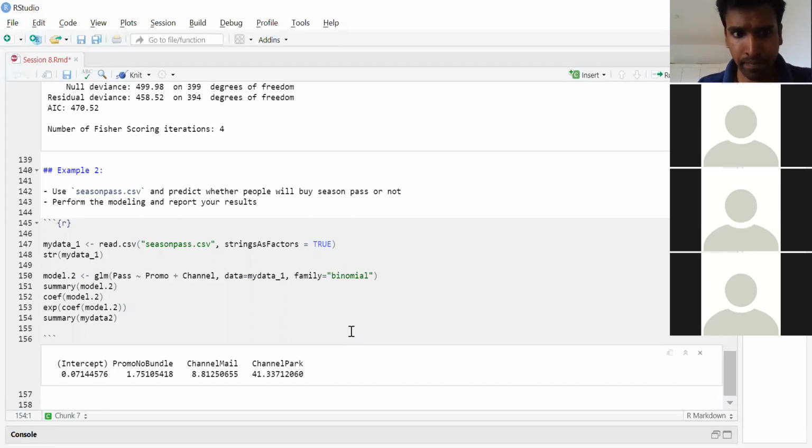So the channel park has really high chances. If they are coming to the park directly and getting the season pass. One thing we are supposed to be sure of is that when we get the data, we should understand the data, because I did not really tell you anything about it. So it is tricky for you to interpret.